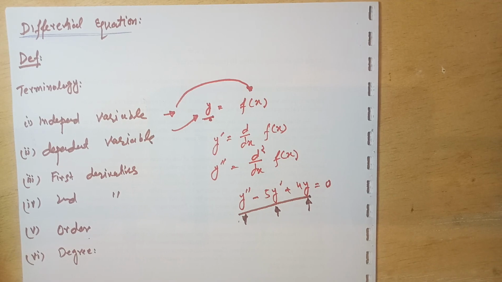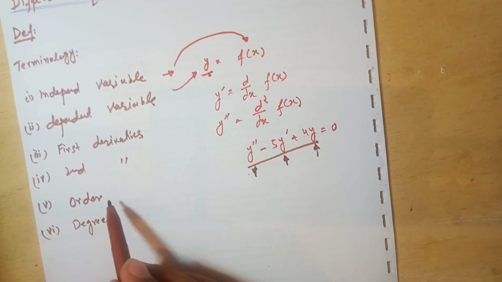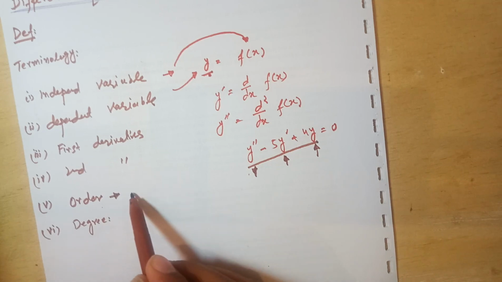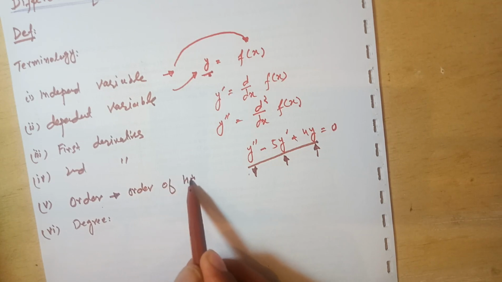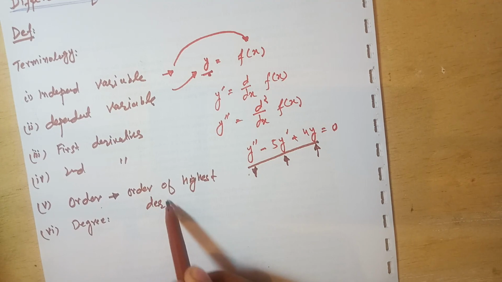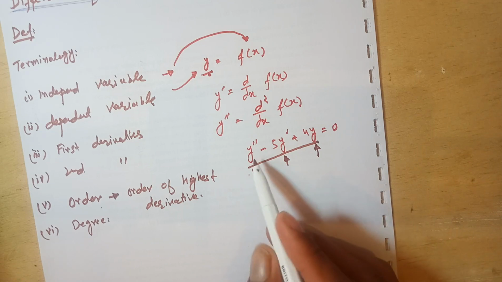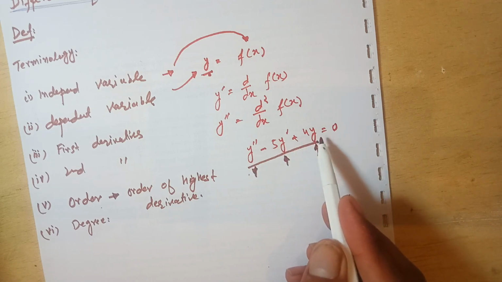Okay, move towards the order of a differential equation. Order of a differential equation is simply the order of the highest derivative. In the previous example, we have y double prime minus 5y prime plus 4y is equal to 0.